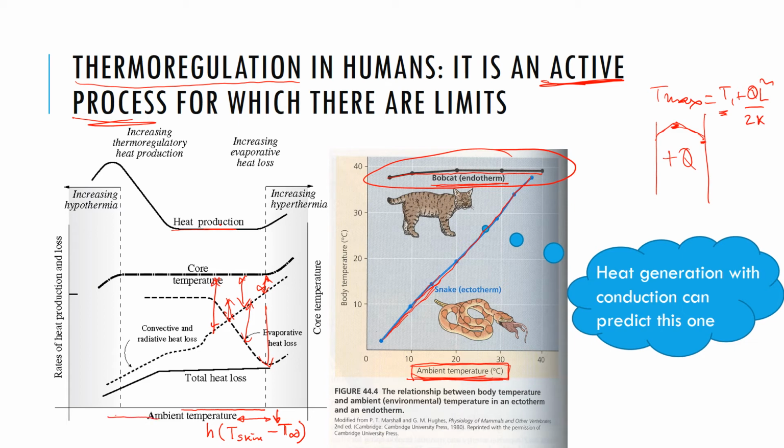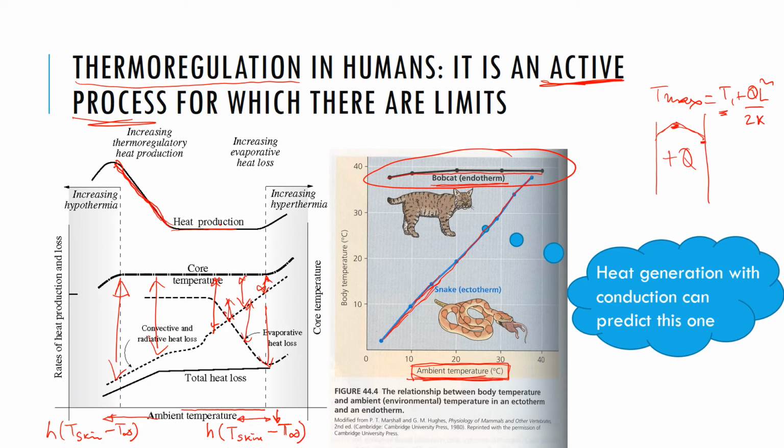When the temperature decreases, using the same idea, h times T skin minus T infinity, then the convective heat loss keeps increasing. So to make up for that, the body starts to shiver and produce more heat inside to keep the temperature constant. But this increasing heat generation cannot just keep increasing.